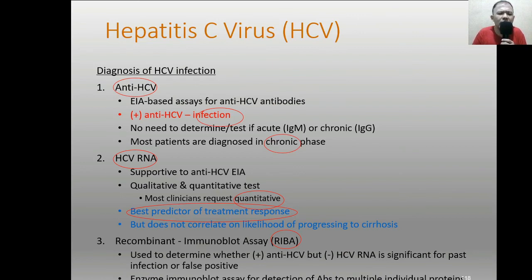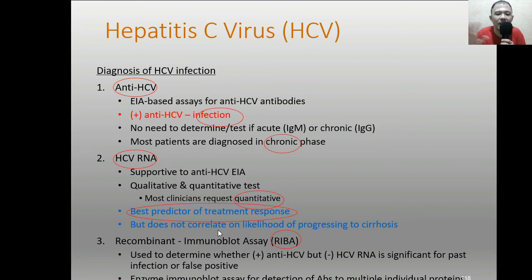In assessing if the patient needs to be treated, we don't use the RNA. We use the liver biopsy.